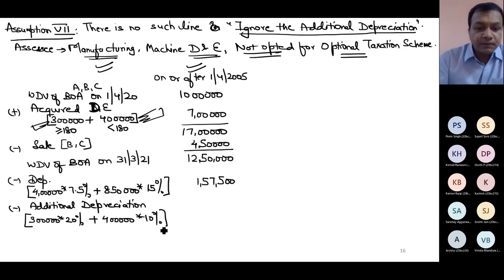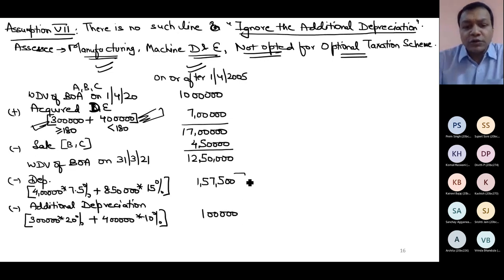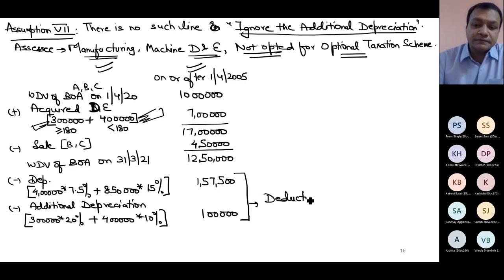Is this clear? So it becomes 60,000 plus 40,000. This is the total depreciation which will be deductible in the previous year 2020-21.